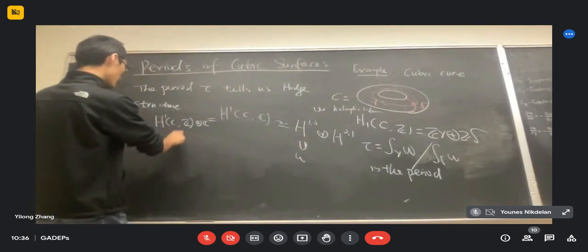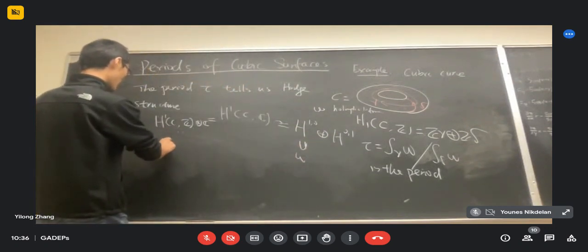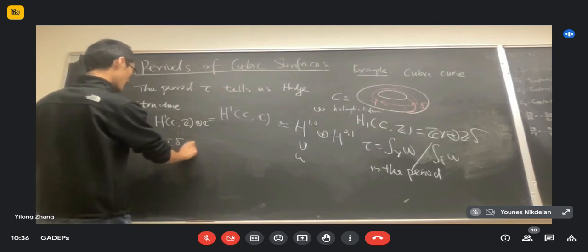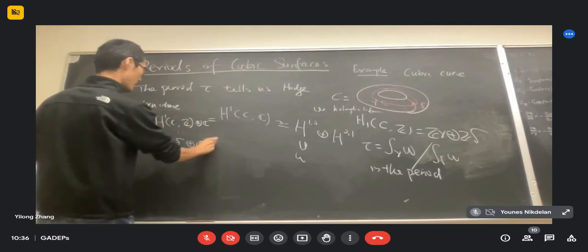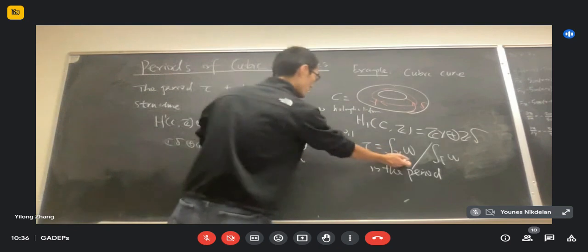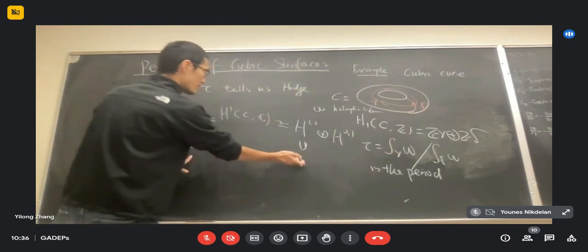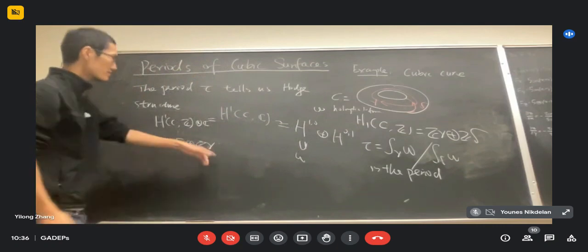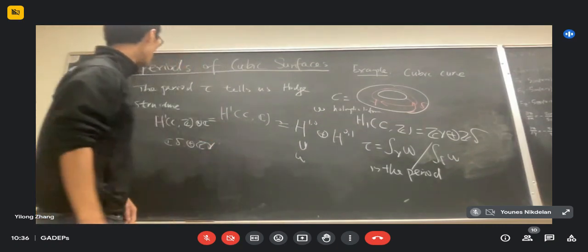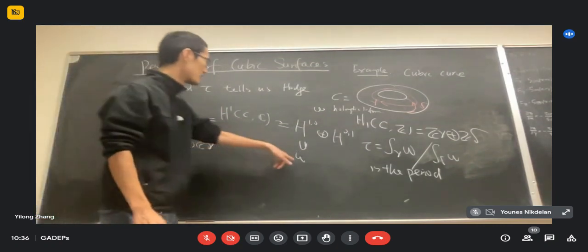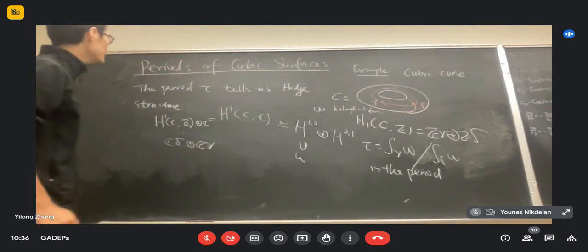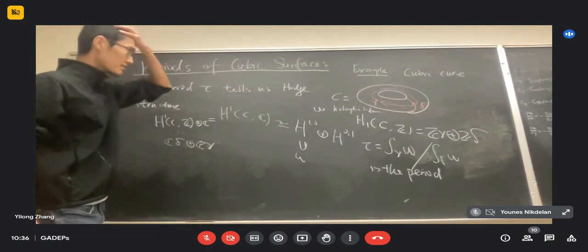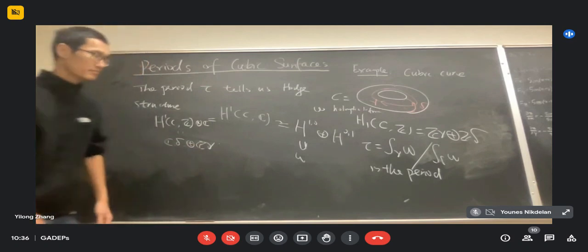But then here we have a basis, like a C delta and C gamma. And so this period is telling us, writing down this (1,0) part in terms of the integral basis. So this tells us where the Hodge structure is. And this is maybe the simplest example of the periods.